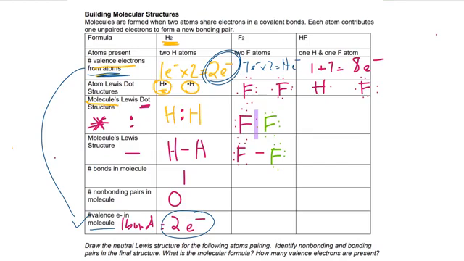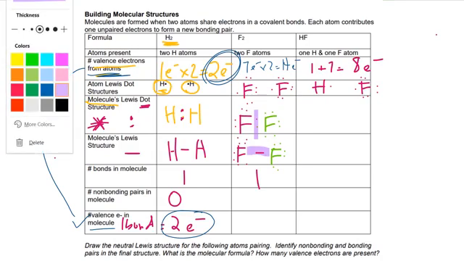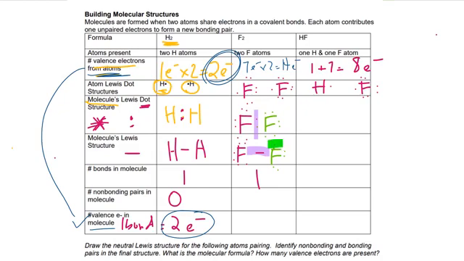So how many bonds are in this molecule? Well, just that one bond. How many non-bonding pairs are there? Well, if we were to look at 1, 2, 3, 4, 5, 6, there are 6 non-bonding pairs, which we know is equal to 12 electrons, right?